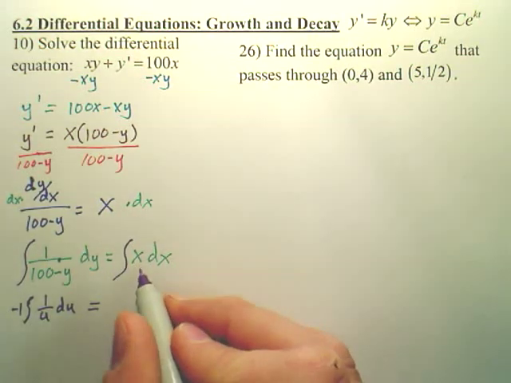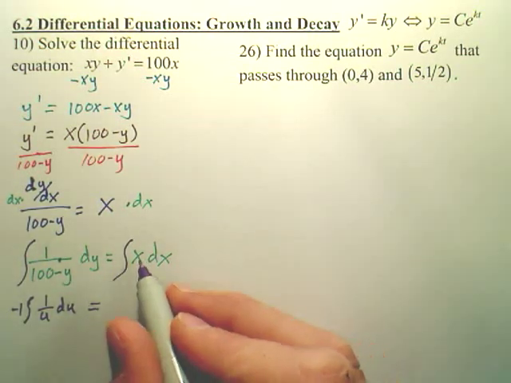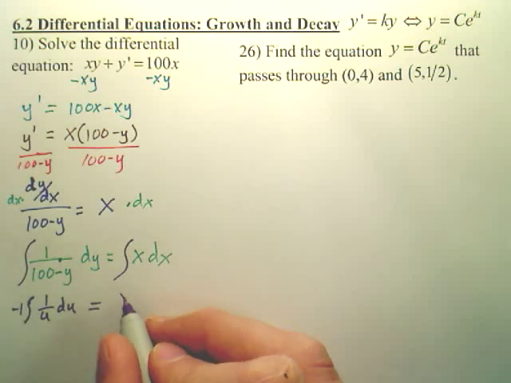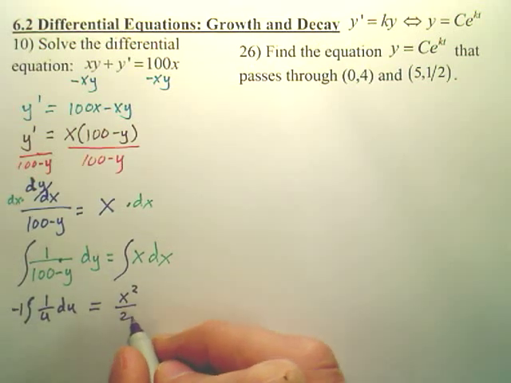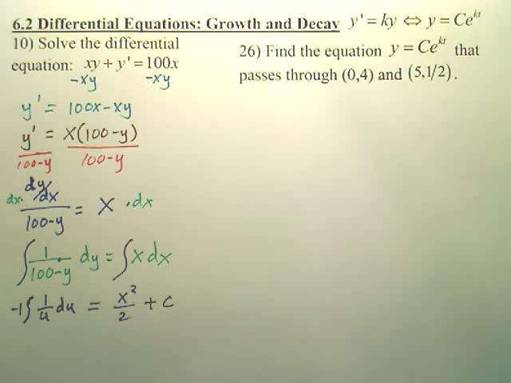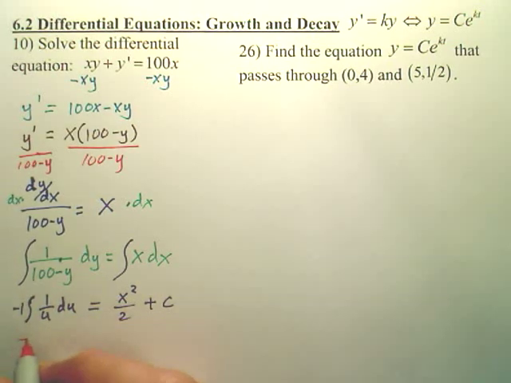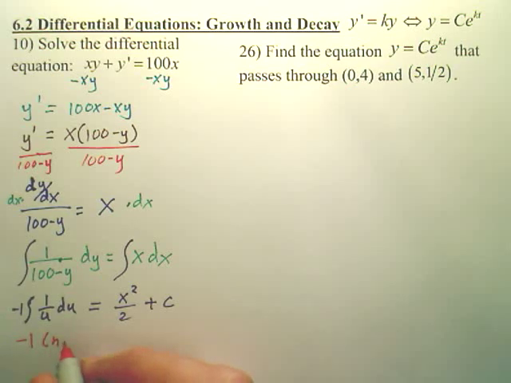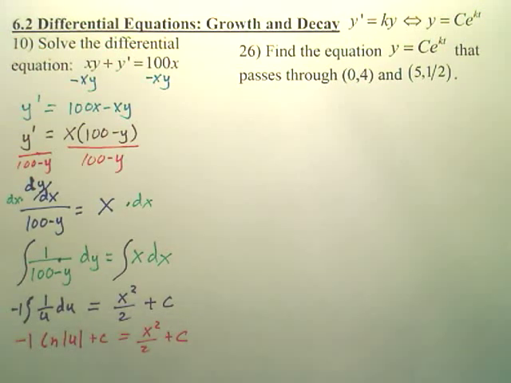And this one, when you integrate this, don't you get just x squared over 2 plus c? So when I integrate this, I get negative 1 ln u plus c equals x squared over 2 plus c.